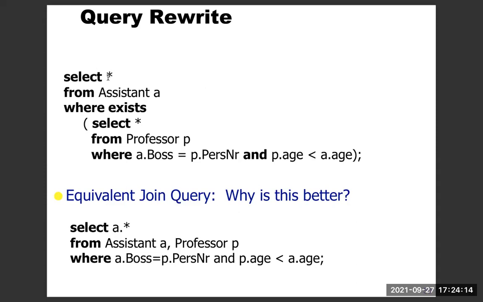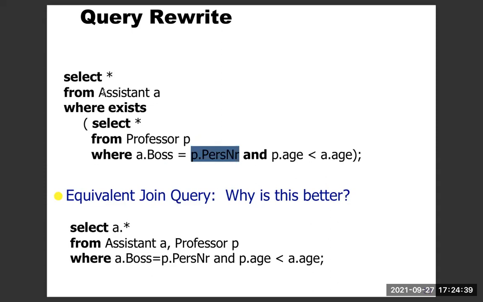Select all assistant data of such assistants who are older than their respective professors. So for each assistant, I try to find such a professor, whose number is the boss number of the current assistant.